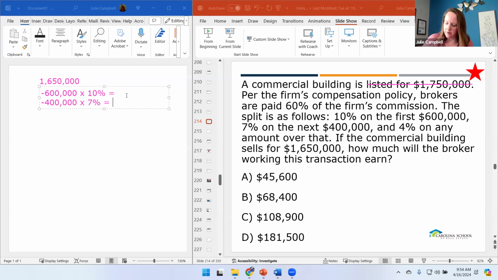So we started with 1,650,000. We deducted 600,000. We deducted 400,000. So what do we have over that? We have 650,000, in which case we're going to pay 4%. Questions so far?